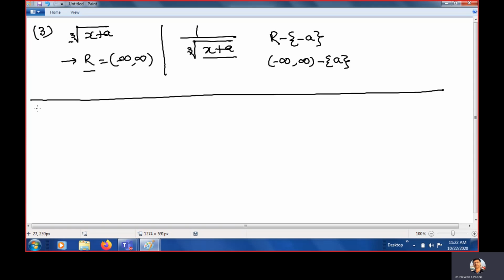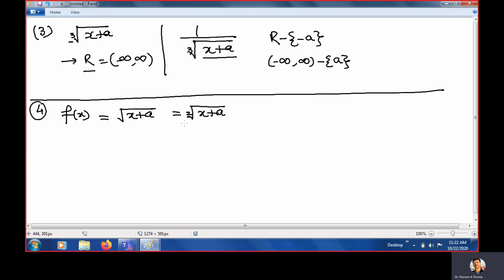Clear? But if I take another question, f(x) is equal to square root of x plus a, and here nothing is written. If nothing is written, what do you mean? The meaning of this is 2. Now 2 is an even number.